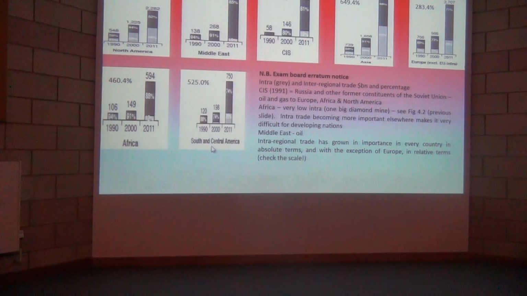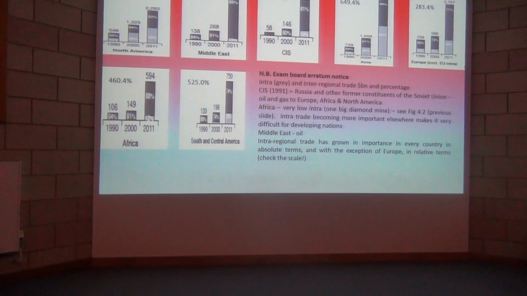Africa, nothing to 12. South and Central America, 0 to 26%, I think that says. So, in absolute terms and relative terms, with the exception of Europe, intra-regional trade, so trading within your own regional trading bloc, not trading with outsiders really, is becoming much more important, much more significant.